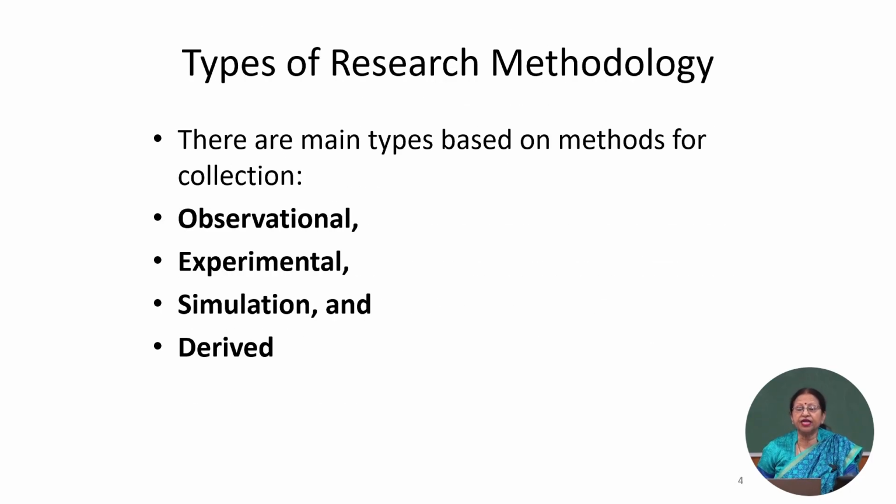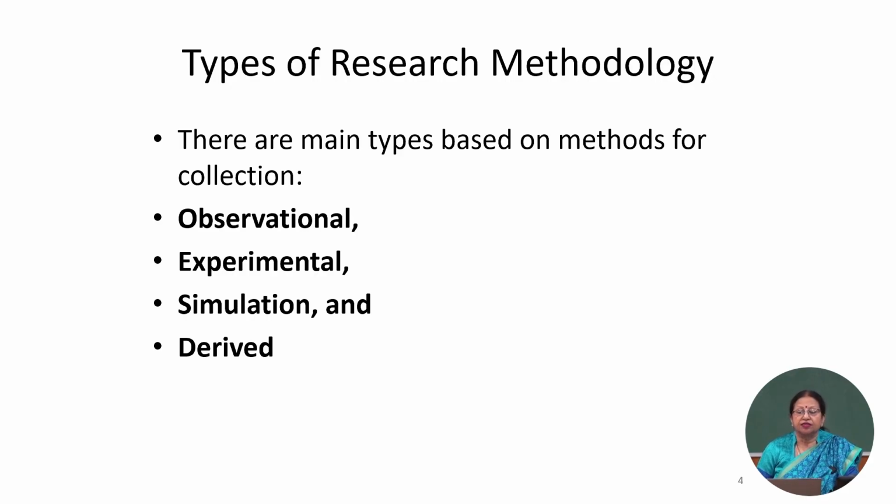Now, as we already know, there are different types of research methodologies. The main types are based on methods for collecting the information. One is observational, second is experimental, third is simulation, and fourth is derived. In the previous lecture, we saw how these observational, experimental, simulation, and derived data are impacted by different variables.